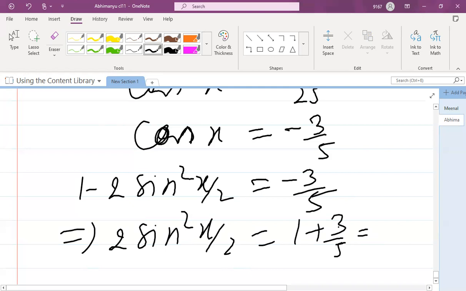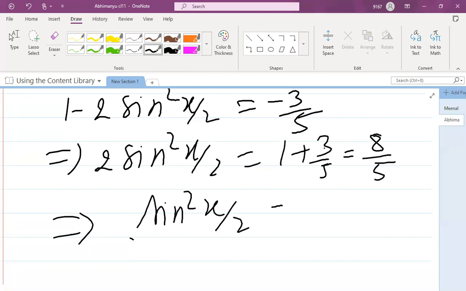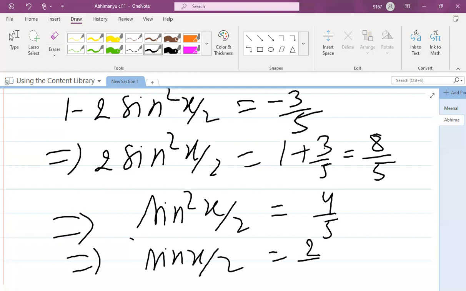Okay, so this will actually be 8 upon 5, and 2 can be sent to the other side. So this will be sine square x by 2 equals to 4 by 5, and sine x by 2 equals to 2 upon root 5.